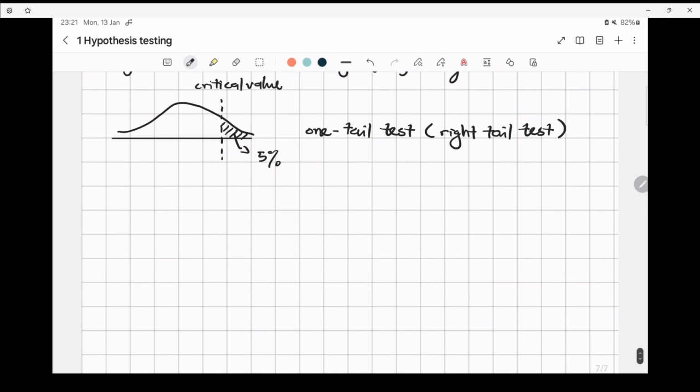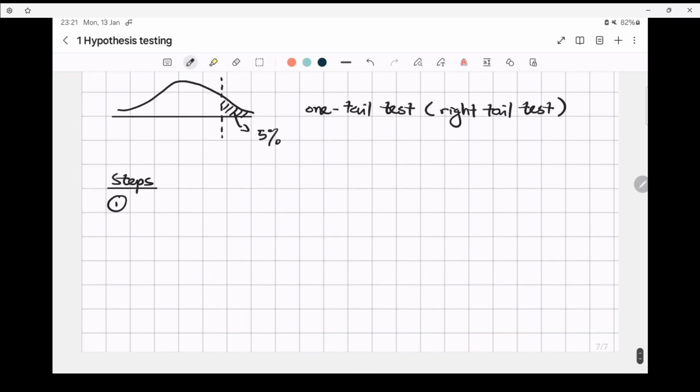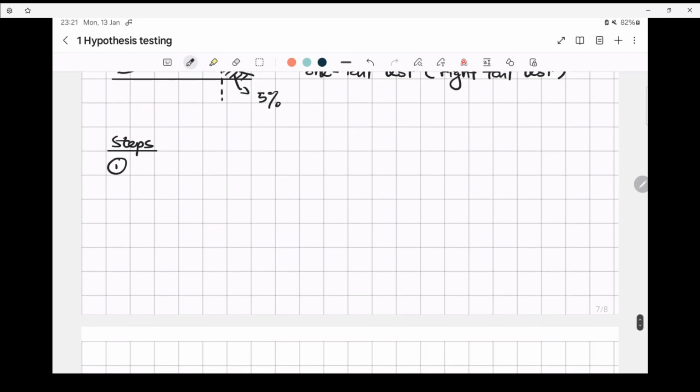It will be clearer if we look at some examples. First, let's define the general steps. First, look at the question carefully and define your random variables and your parameters.